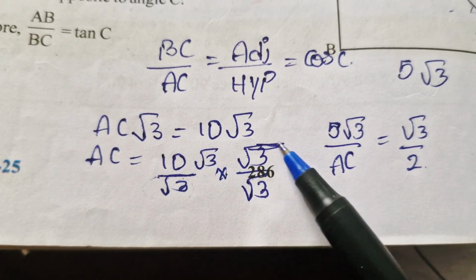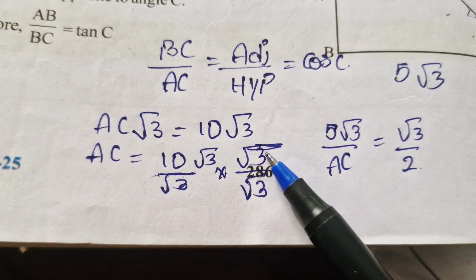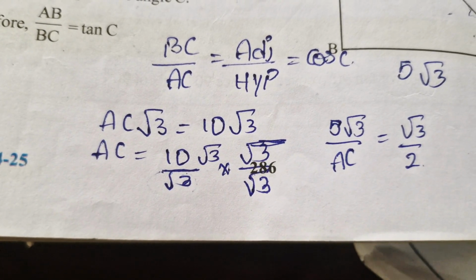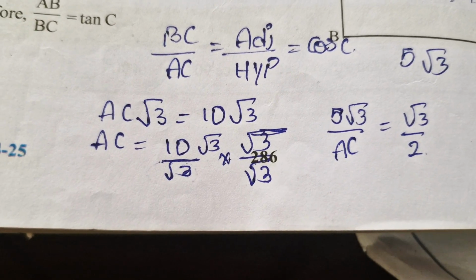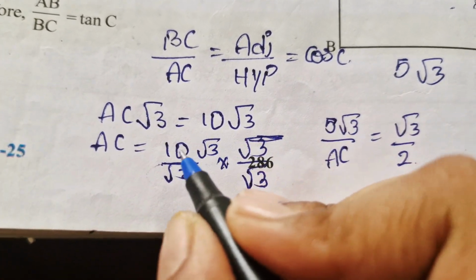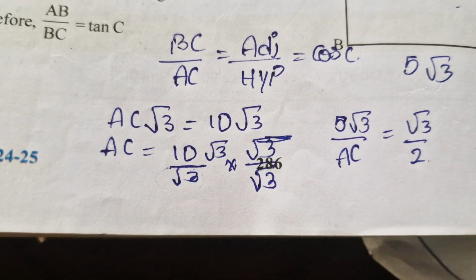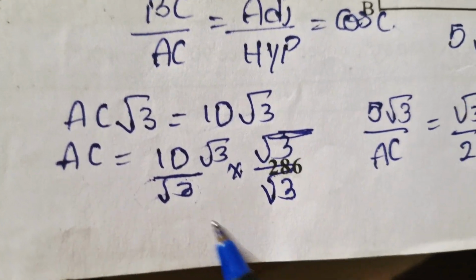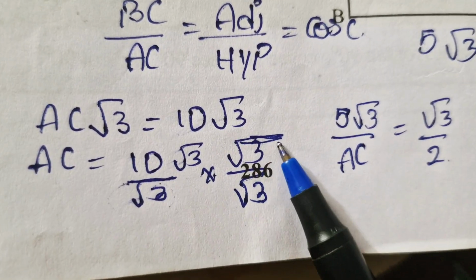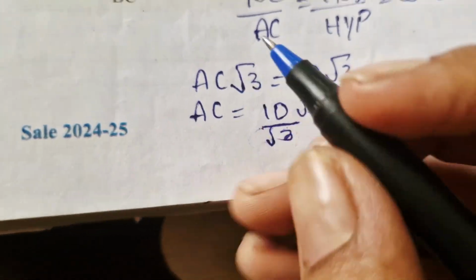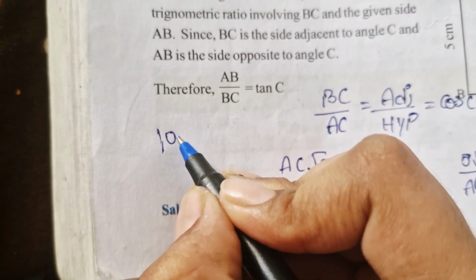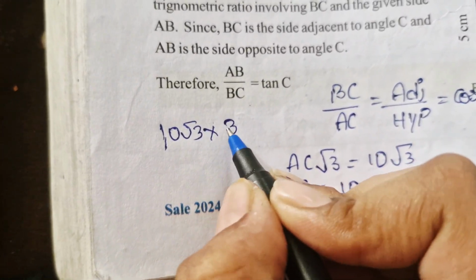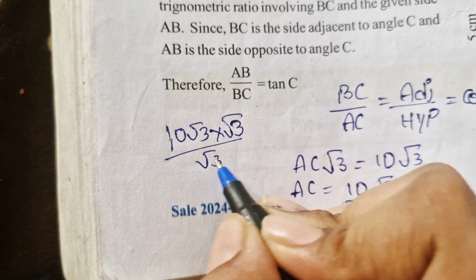So 10 root 3 into root 3 by root 3 into root 3. What is root 3 into root 3? So 10 root 3 into root 3 by root 3 whole square.